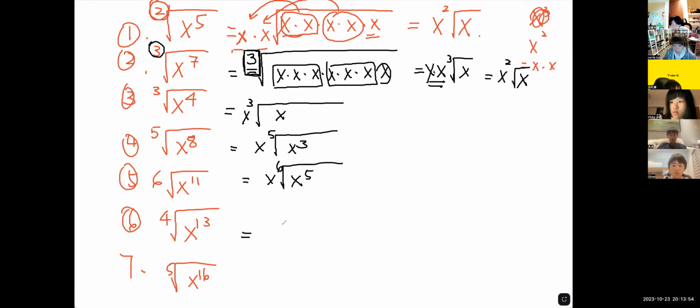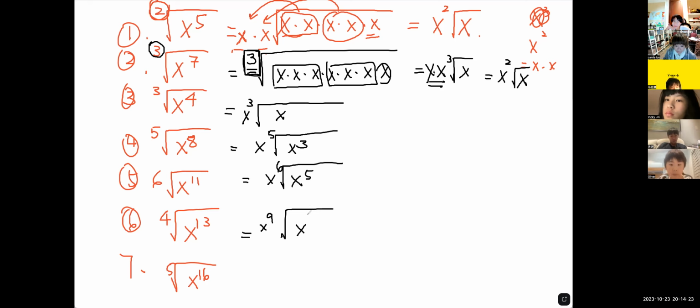Okay, number 6. I want someone to go. Okay, so we don't have them, right? X to the 7 and square root. Oh wait, it's not 7. I think it's x to the 9, square root x.